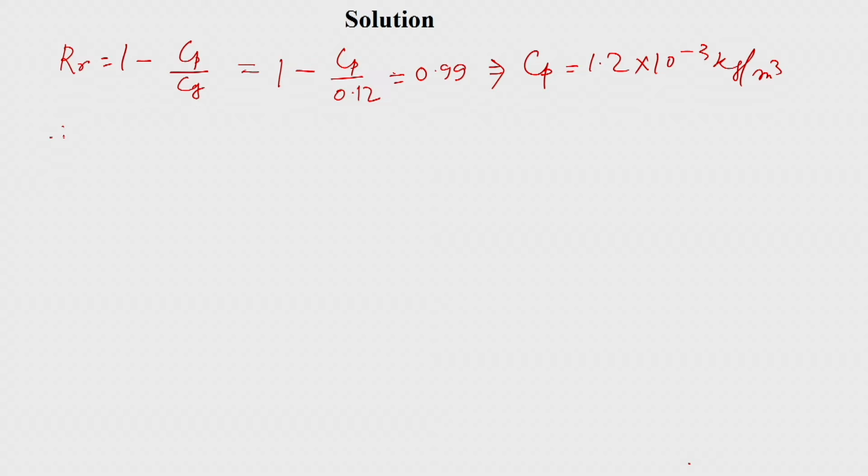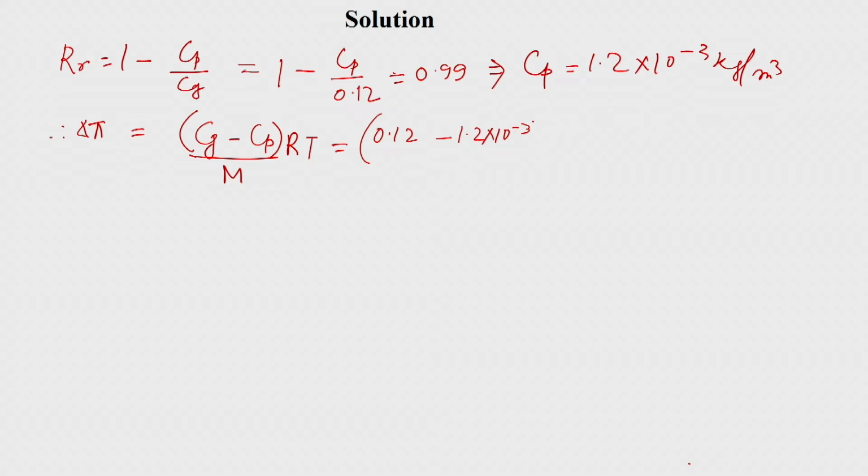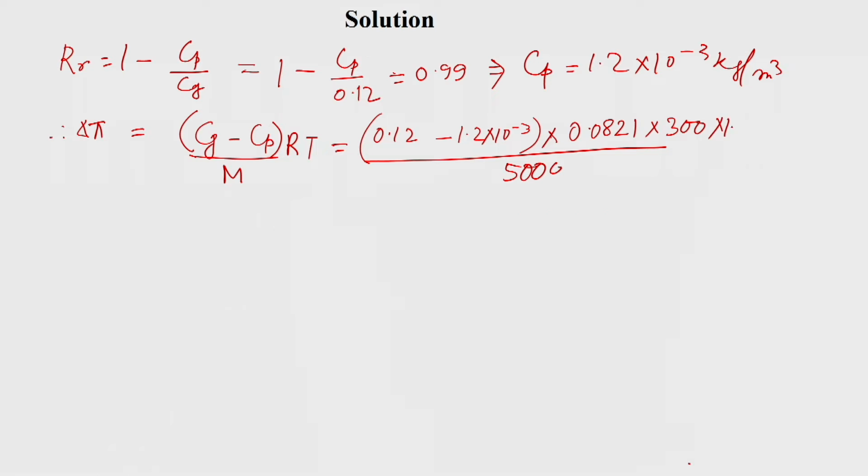Once we know the Cp value, then we will be getting delta pi, that is equal to the gradient in the concentration, Cg minus Cp by M into R into T. So, that is Cg equal to 0.12 minus Cp equal to 1.2 into 10 to the power minus 3, into R value 0.0821, T is 27 degree Celsius, so it is 300 Kelvin, divided by 5000 into 1000.